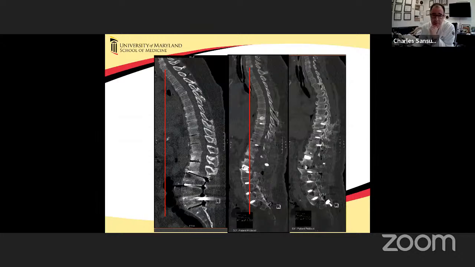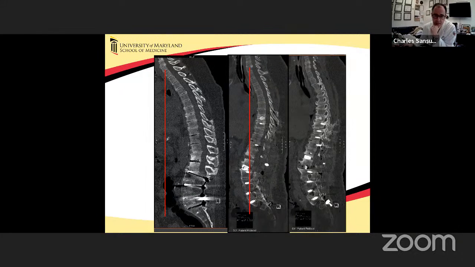This is an example where you can appreciate prior to the intervention that we performed, you can appreciate a sclerotic end plate right here. Whenever you see a sclerotic end plate like this, it really gives you the latitude to aggressively use those blunt paddle dilators to significantly stretch open the anterior column.